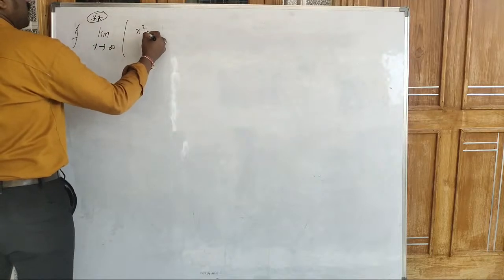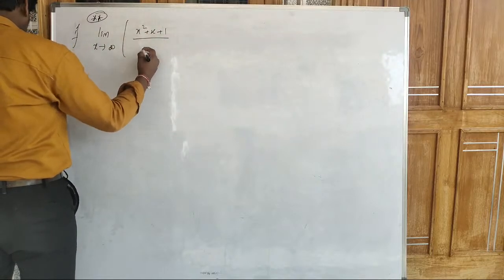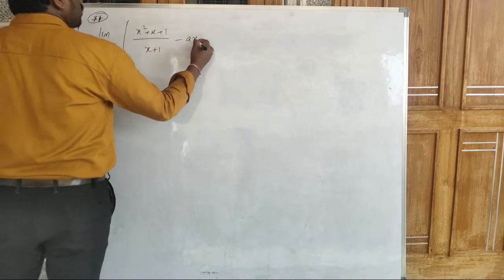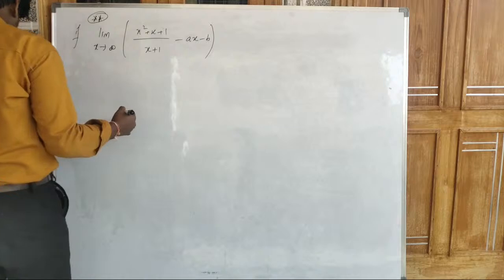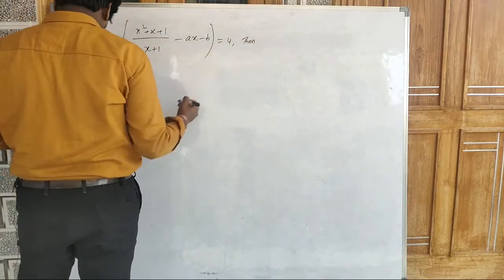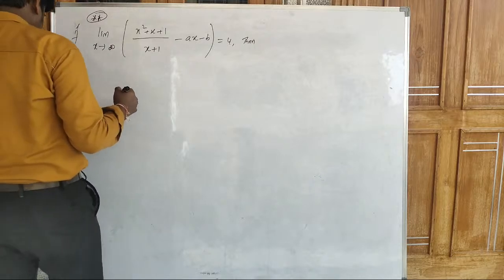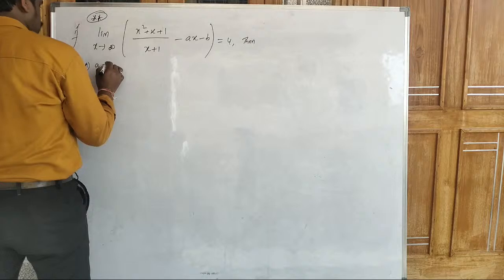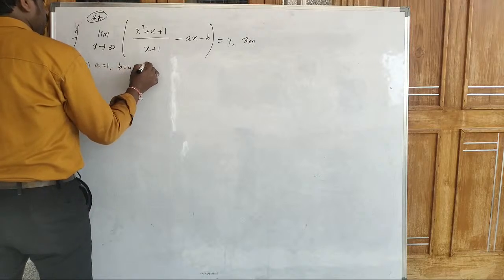Limit x tends to infinity of (x square plus x plus 1) divided by (x plus 1) minus ax minus b is equal to 4. Then what is the question? Option A: a is equal to 1, b is equal to 4.